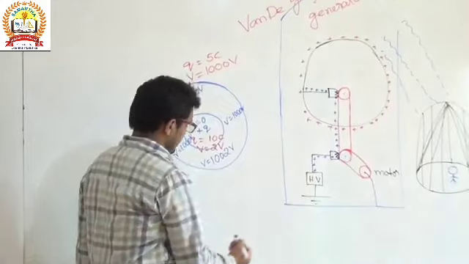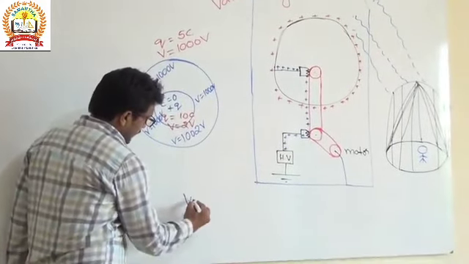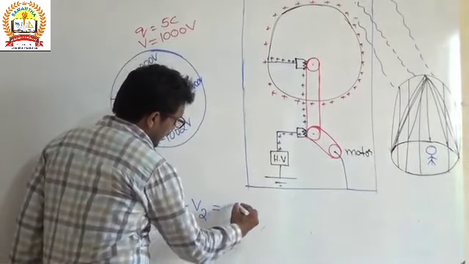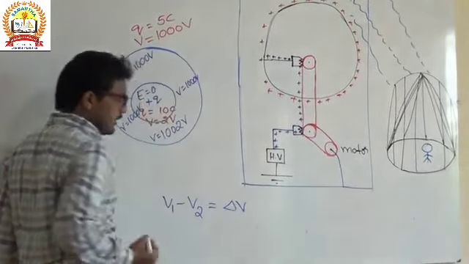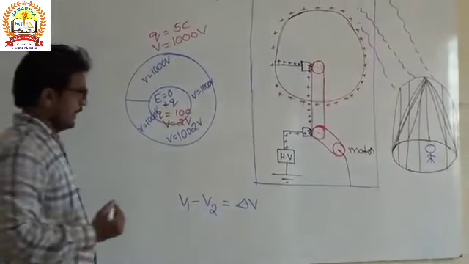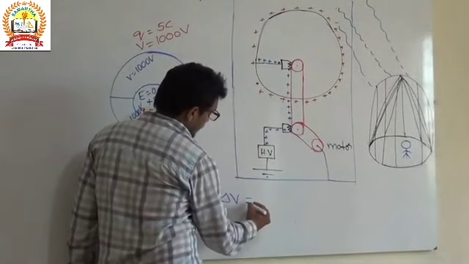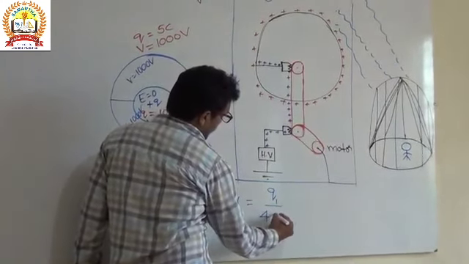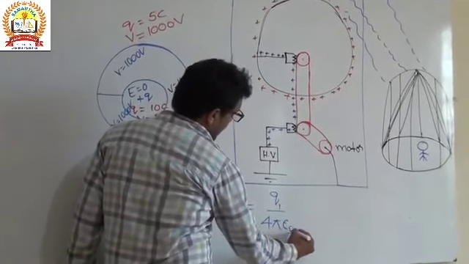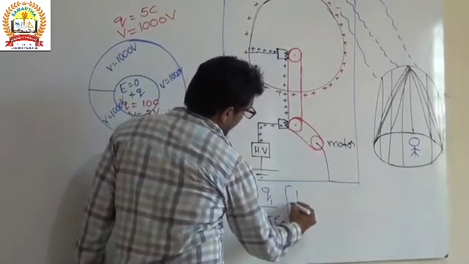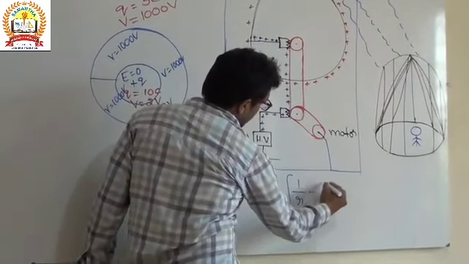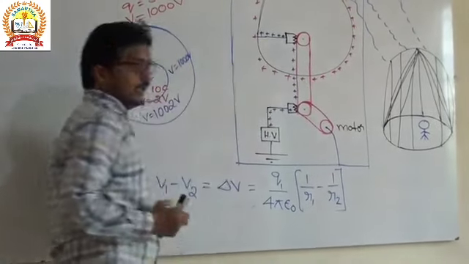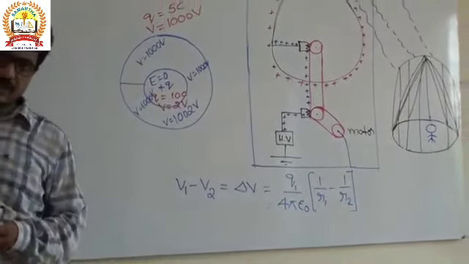The potential difference V1 minus V2, which I am showing as delta V, represents the change in potential. Delta V equals Q1 by 4 pi epsilon naught times (1 by R1 minus 1 by R2). This is the potential difference of the Van de Graaff generator.